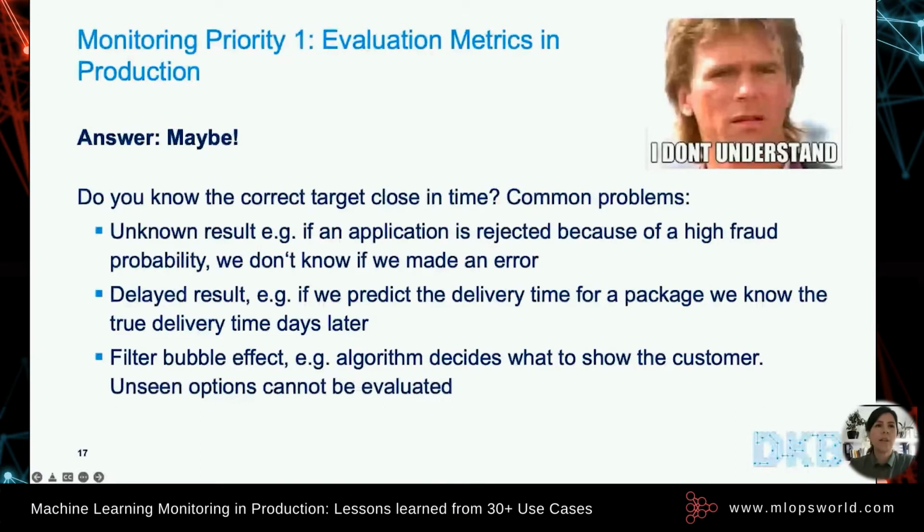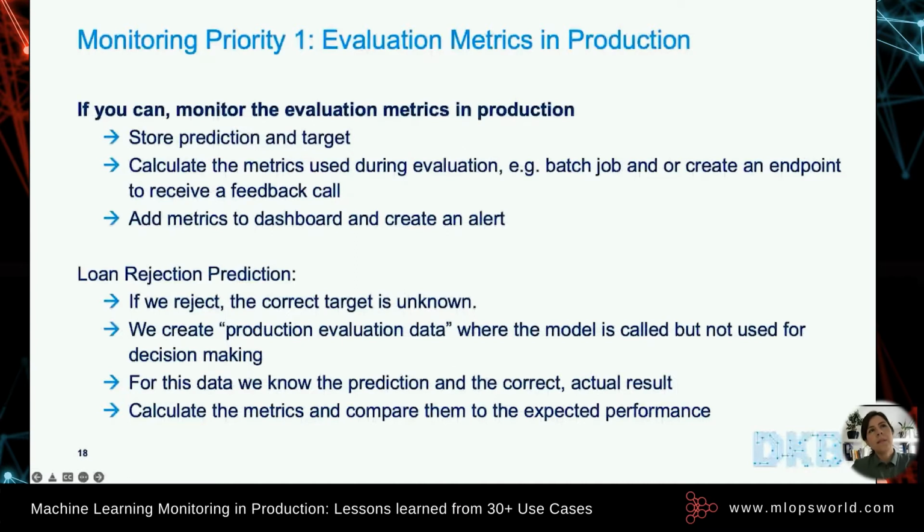And then you have the case where there's a filter bubble effect, where the algorithm decides what to show, and you can never evaluate unseen options that might have been better, for example, in cases of recommender systems. So what does that mean? It means in cases where you can do it, I strongly recommend that you monitor the evaluation metrics in production.